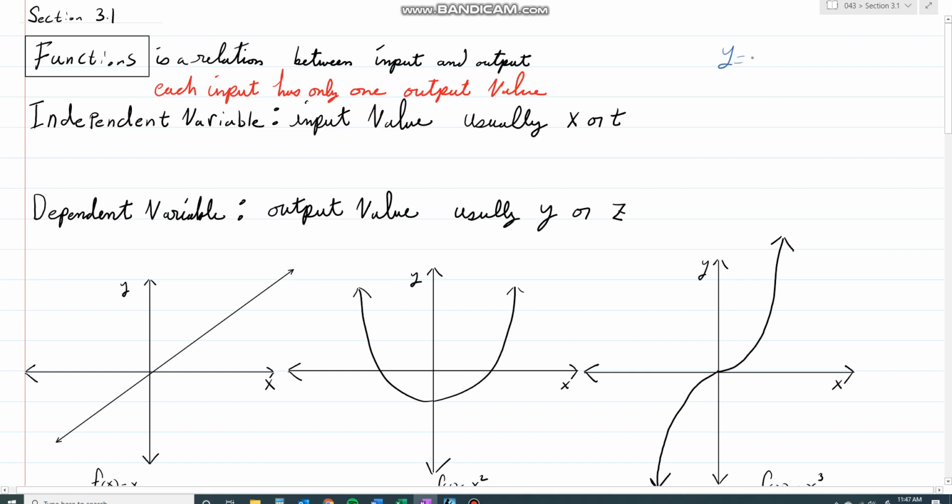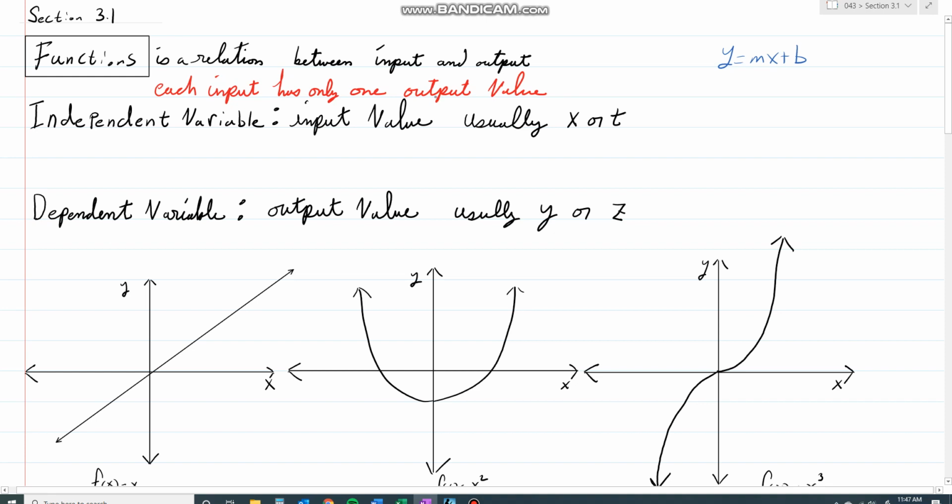So y equals mx plus b is actually a function, and so a line is a function as well. This is an example, but for it to technically be a function, each input has only one output value, and I'm going to get into some examples of that. But that is technically the definition of a function, or at least one that's good enough for us to use.